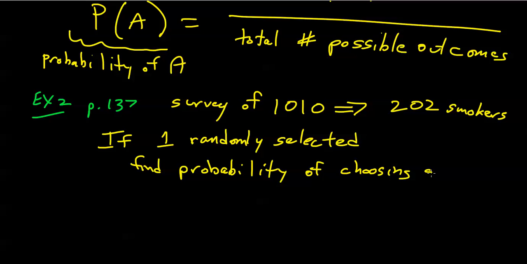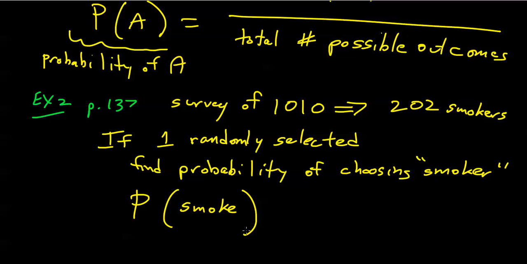I'll write this out a little more formally. Find the probability of choosing a smoker from that pool. I'll say the probability of finding one smoker, and I'll abbreviate that event in words like so. The probability of finding one smoker in this experiment, well, of course, you're going to say there's 1,010 ways to pick a person from this pool, and there's 202 ways to find a smoker.